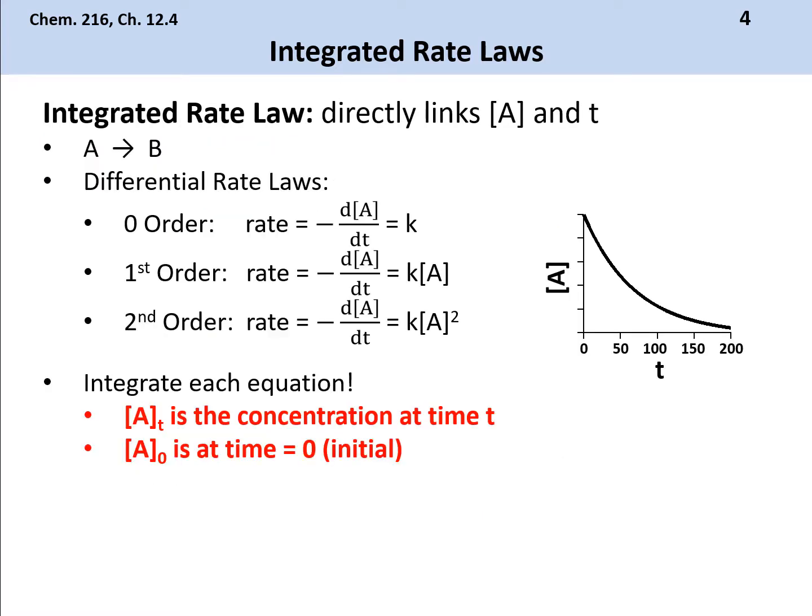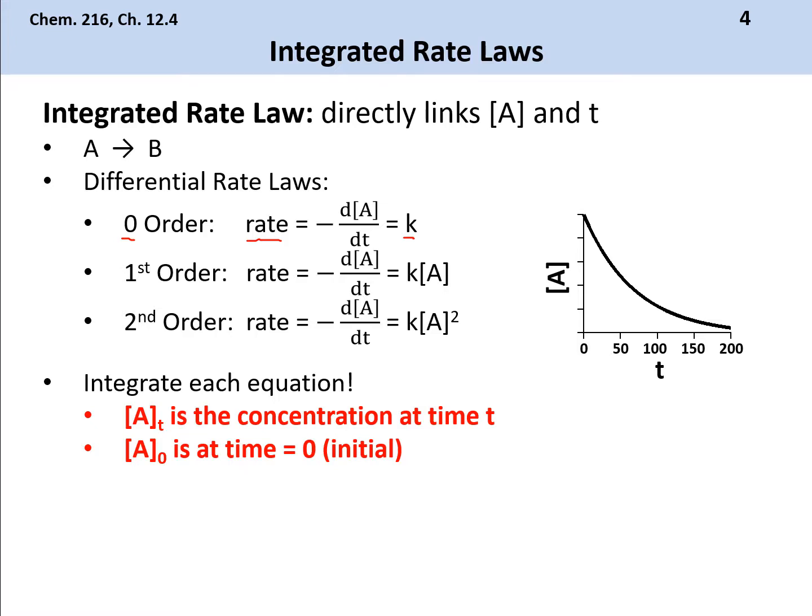Okay, so in order to do this, we need to start off with differential rate laws. Now, remember what we said. Differential rate laws, if it's 0 order, that means rate equals k. Notice that in this case, there is no concentration because concentration to the 0 order equals 1.